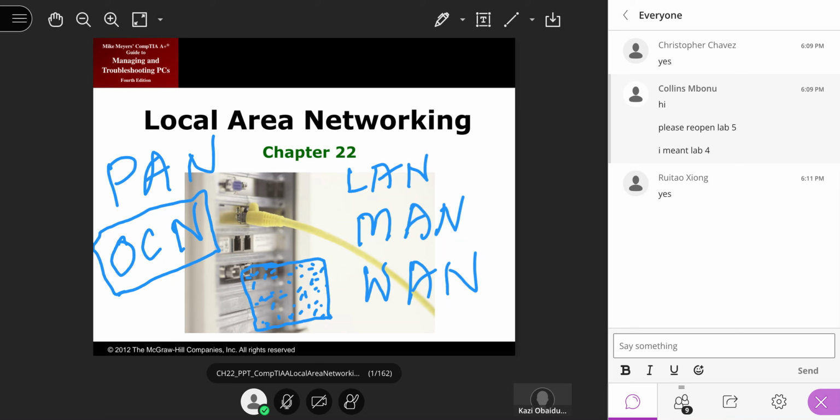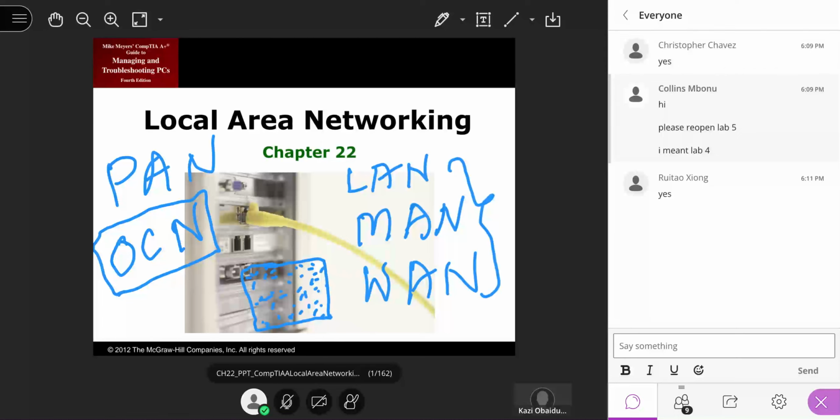So we are going to focus more on the LAN. Why LAN? Because if you understand LAN, then we can easily understand MAN, and then we can easily understand WAN. Why? Because many LANs together are the MAN, and many MANs together are the WAN.